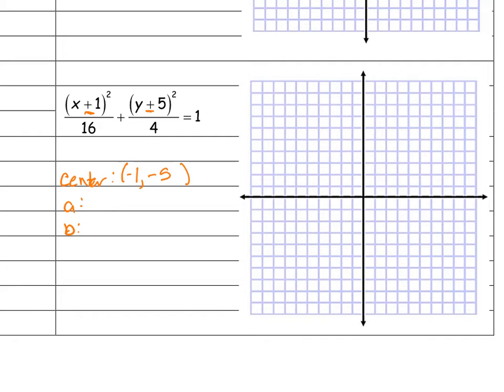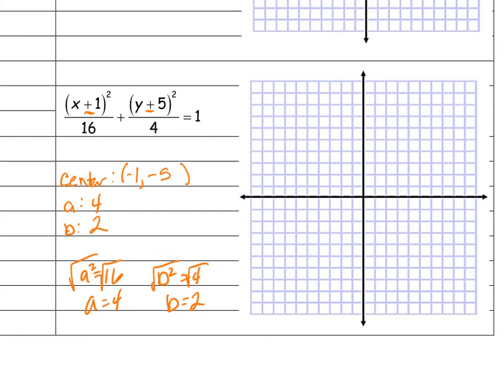Okay, great. And then the same thing, how I find A and B is the same thing. A is with the X, so A squared equals 16. So I square root it, so A equals 4. And B squared equals 4, so I square root that, so B equals 2. Beautiful.